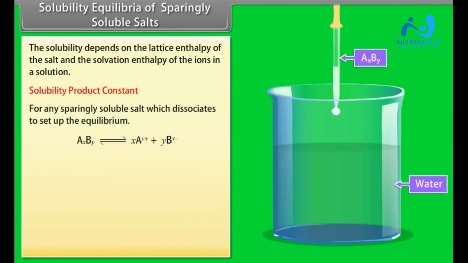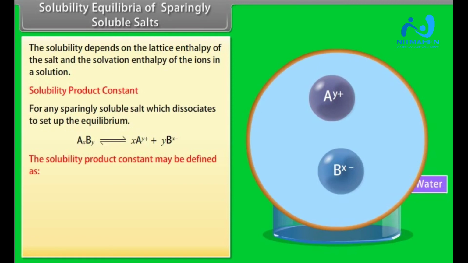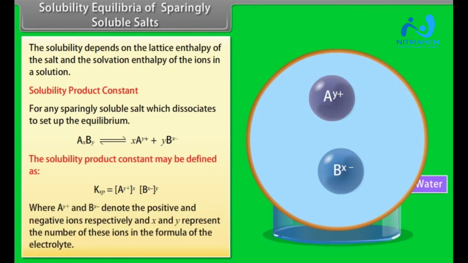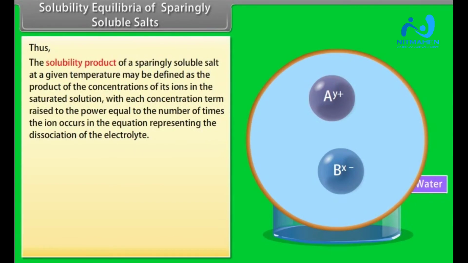For any sparingly soluble salt which dissociates to set up the equilibrium, the solubility product constant may be defined as the concentration of A^(y+) raised to the power x into the concentration of B^(x-) raised to the power y, where A^(y+) and B^(x-) denote the positive and negative ions respectively, and x and y represent the number of these ions in the formula of the electrolyte.